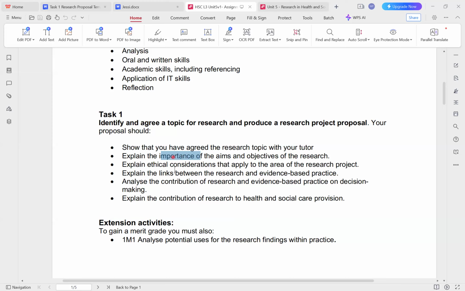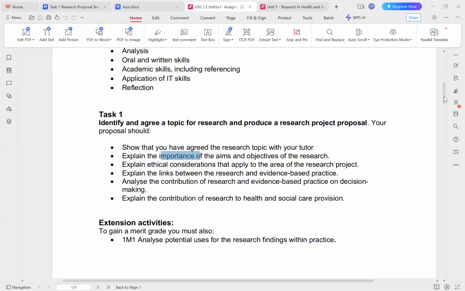Then you would want to explain ethical considerations that apply to the area of your research project. What ethical considerations do you think could arise from your research project? Explain the links between the research and evidence-based practice. Analyze the contribution of research and evidence-based practice on decision-making, and explain the contribution of research to health and social care.